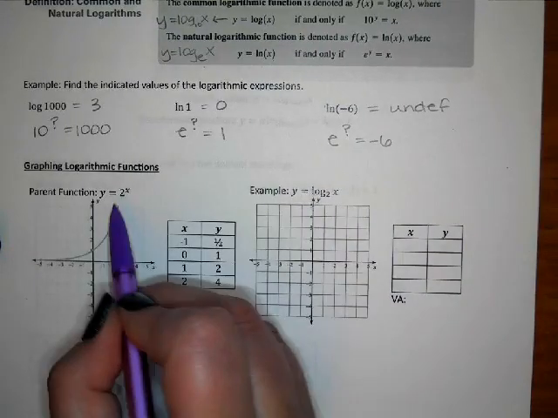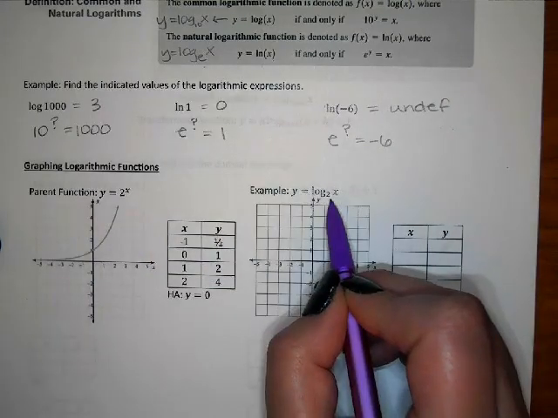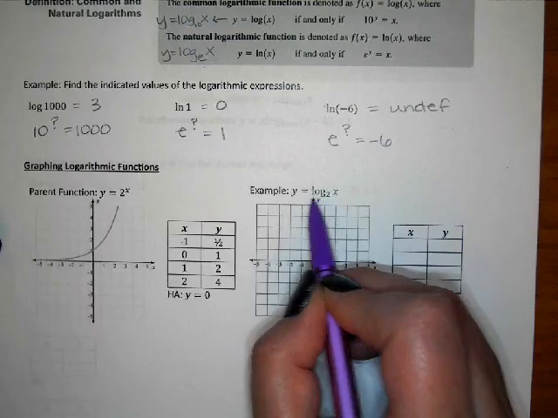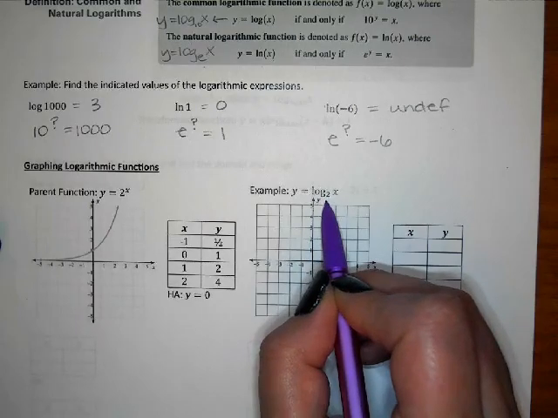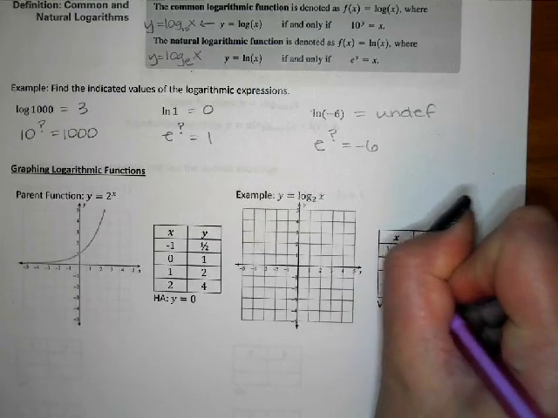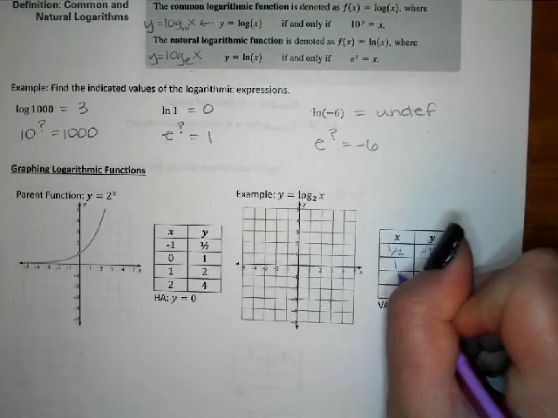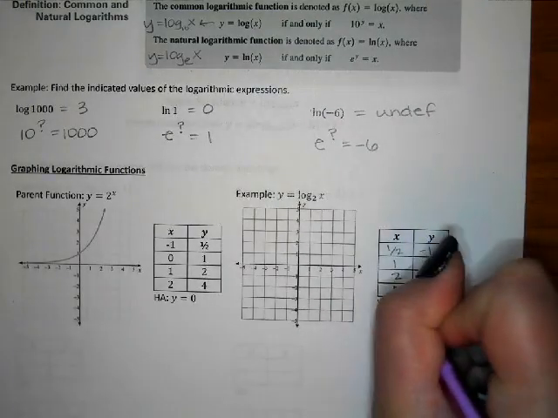So if we have y equals 2 to the x as one function, then its inverse function would be y equals log base 2 of x. And so these points would be (1/2, -1), (1, 0), (2, 1), and (4, 2).